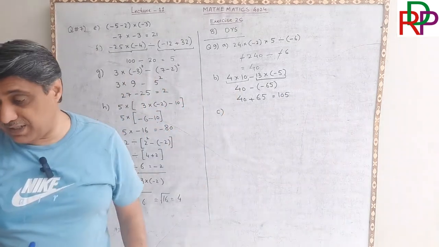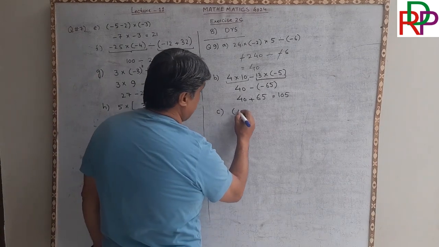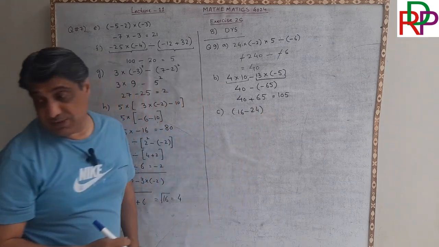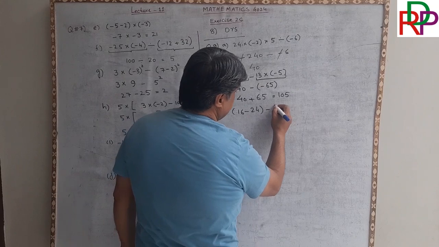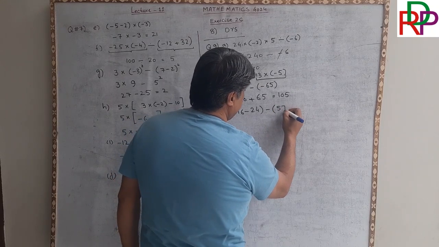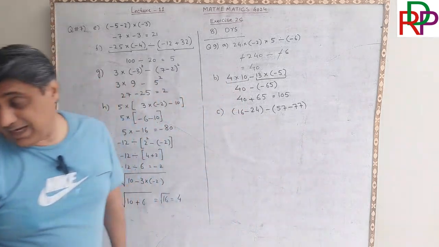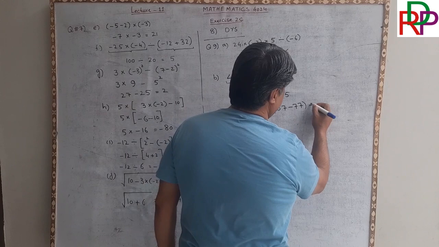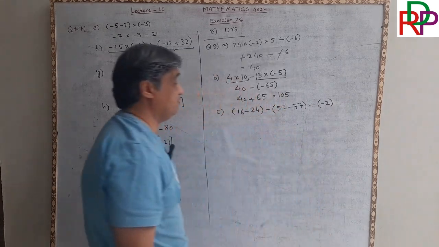Now part C is saying 16 minus 24 minus 57 minus 77, and then we have divided by minus 2.